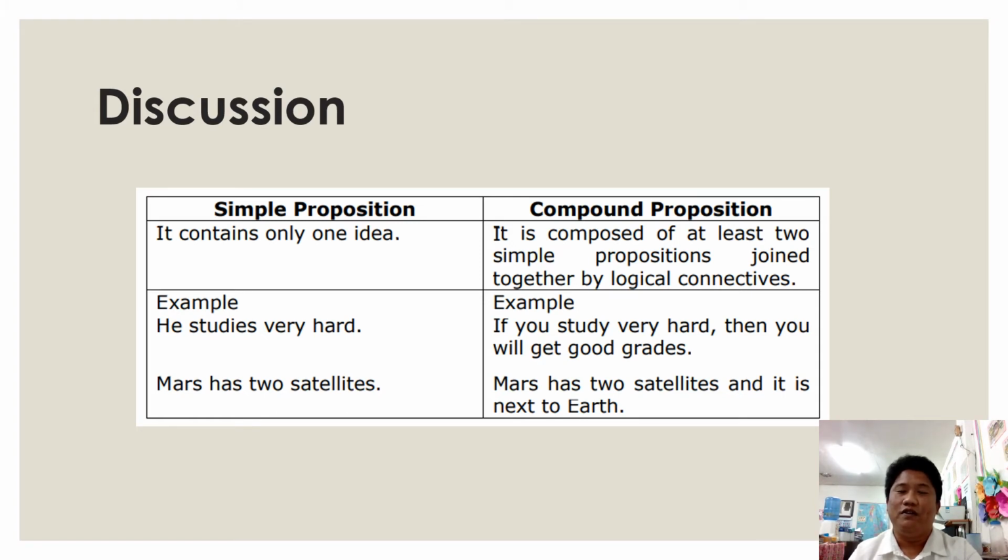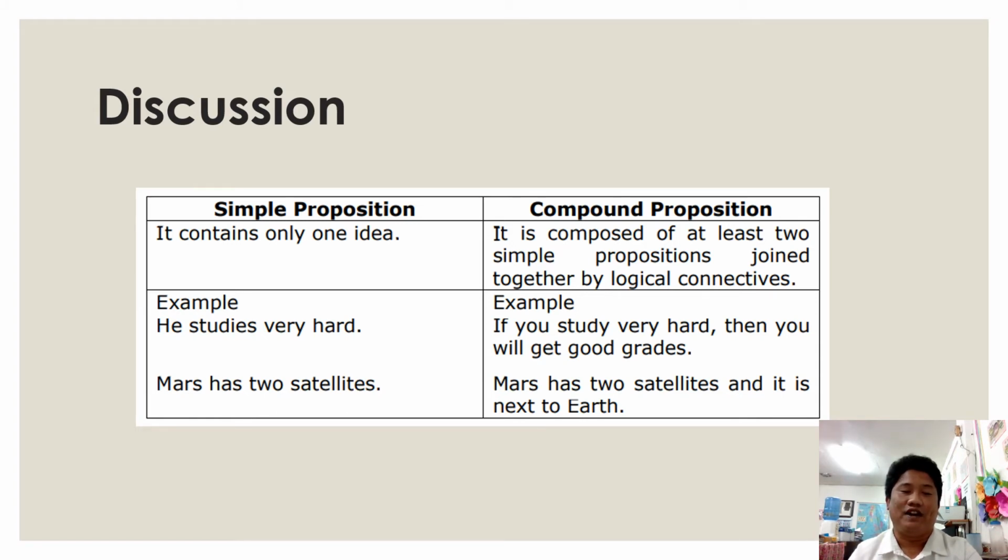The first simple proposition there is you study very hard, and the second simple proposition there is you will get good grades. So the compound proposition, if you study very hard, then you will get good grades, is composed of two simple propositions. It is under conditional.